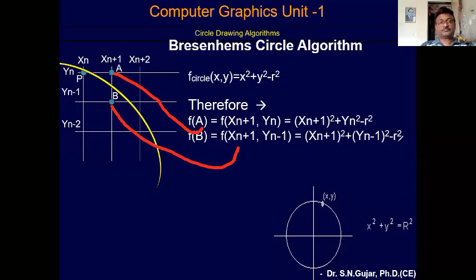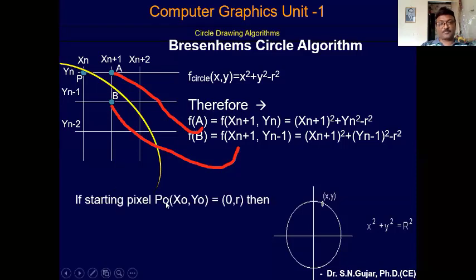Now suppose I have said this is my x0, y0, the starting point. This is my x0, y0 starting point, meaning this is my initial point. Suppose this is my circle point, the initial point. Got it? I'm putting the ground over here.